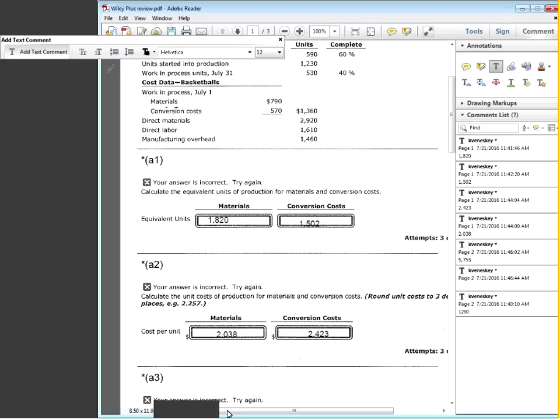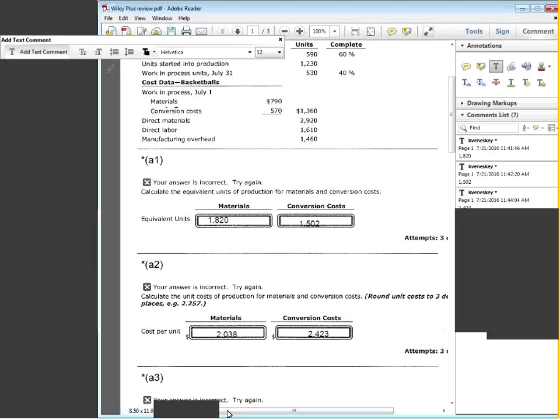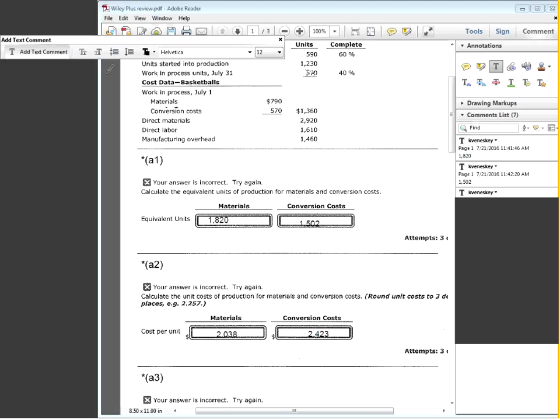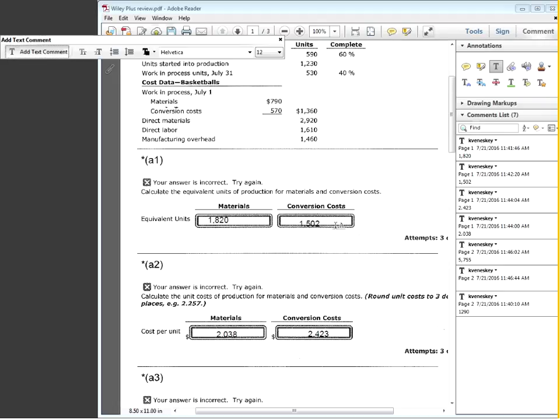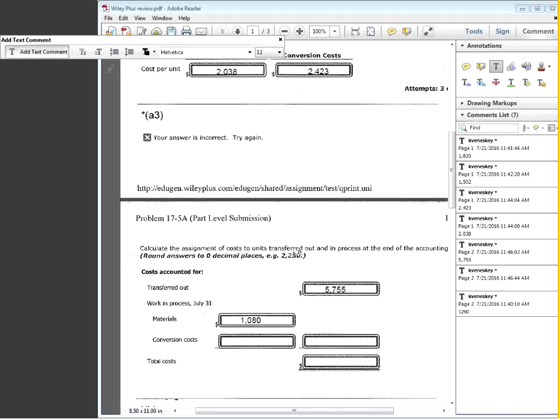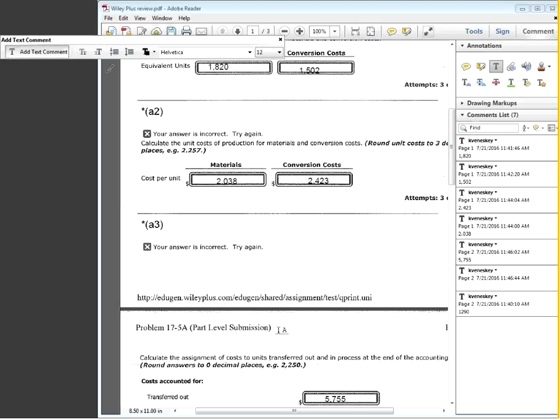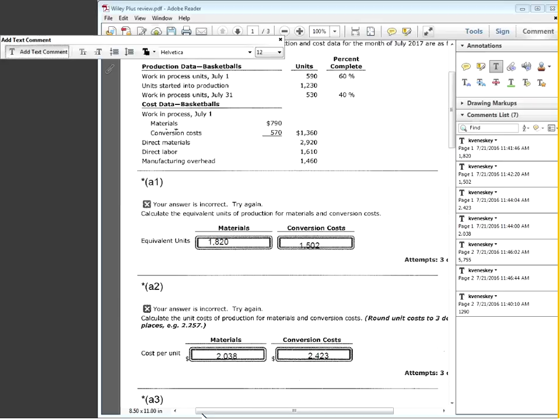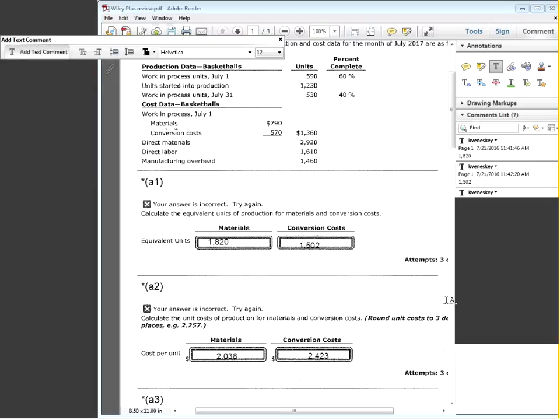Okay, now the second thing is if I go back and remember what I had here, in my ending work in process, I had 212 units that were completed. So I'm trying to find my conversion cost work in process. Doing the math here.